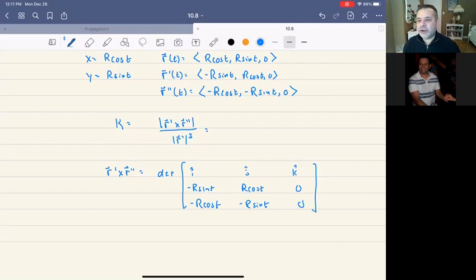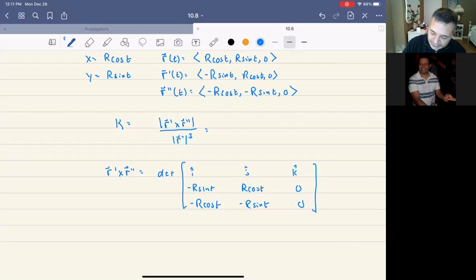Actually the only one that gets anything is the k. One way to think about that is that since r prime and r double prime are both in the xy plane, your cross product has to be perpendicular to it, so it has to be k.